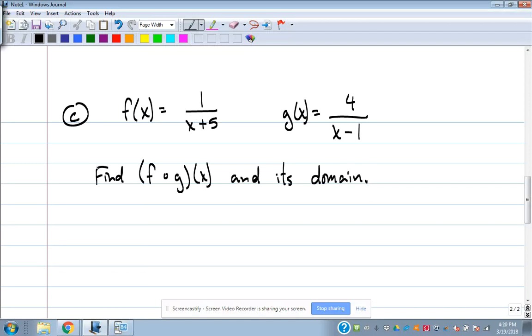So I'm going to find the domain before I find the actual composite function. To do that, I need to find the domain for each piece first.